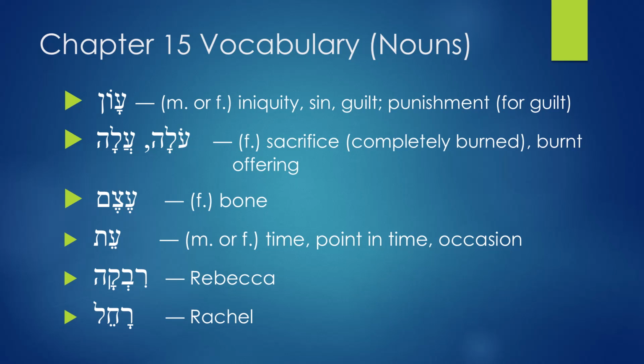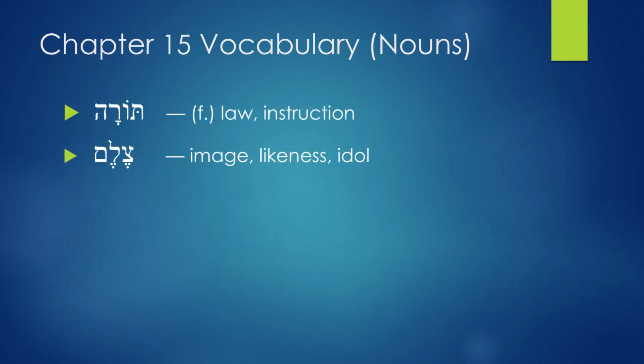And then we have Rachel. Rachel means Rachel. And then we have the word Torah. Torah means law. Torah means instruction. So this is very common. And then we have the word tselem. Tselem means image. It means likeness.